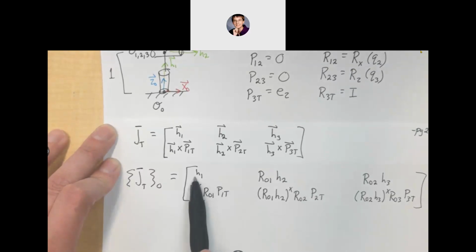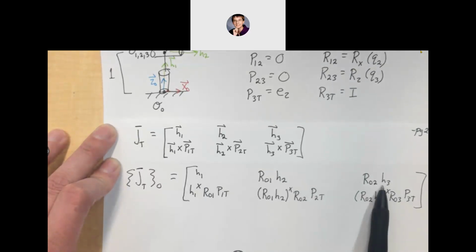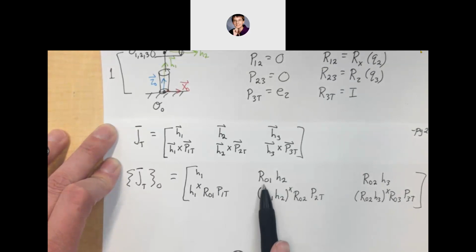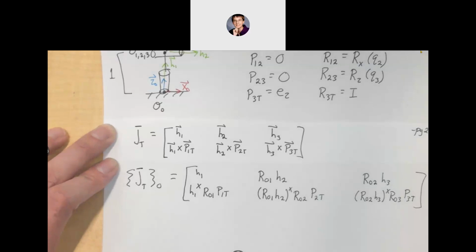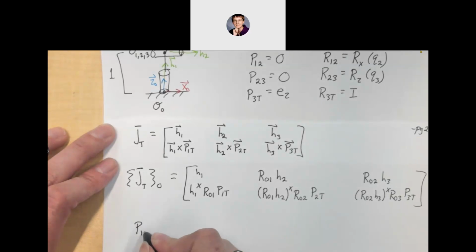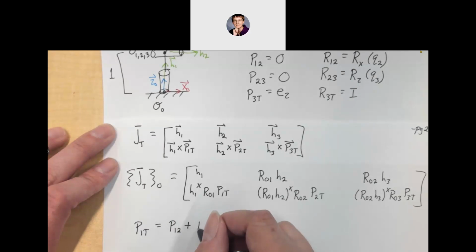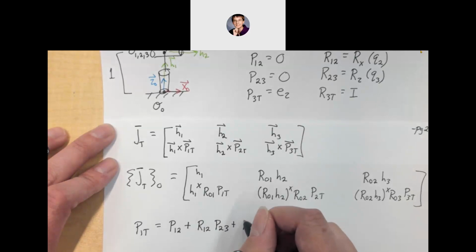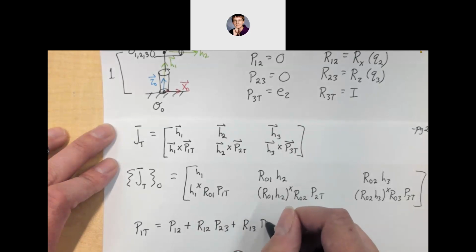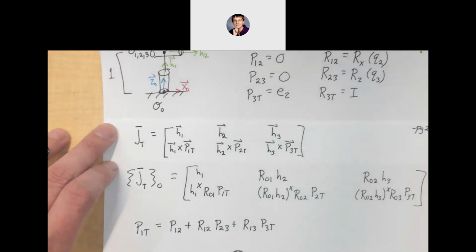So we already have a good portion of this. We have our HIs and we have our RI minus 1I. So the last thing that we need are these PITs. Well, P1T would be P12 plus R12 P23 plus R13 P3T.